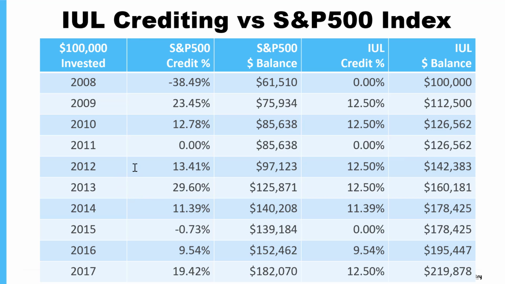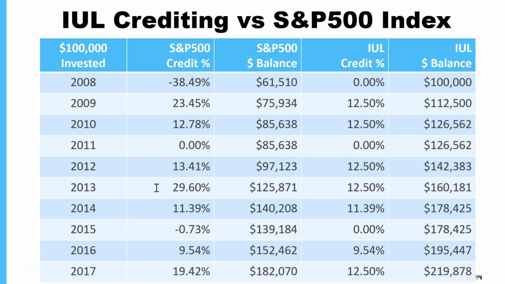In 2012, we had the S&P increase by 13.41% over the year, which means our S&P 500 balance goes up to $97,123. On our IUL side, we are capped at 12.5%, so our balance goes up to $142,383.